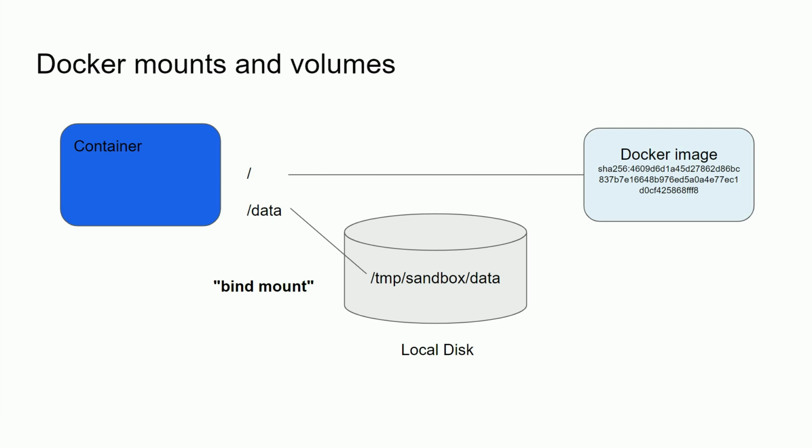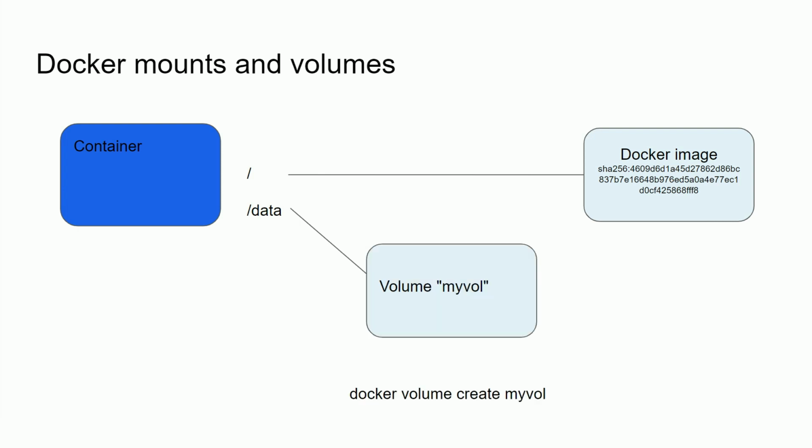Now, one issue with mounting external directories is that it can be quite slow compared to the rest of the container's file system. This is particularly true on macOS, but Windows also suffers from this. To address this, and some other shortcomings of bind mounts, Docker provides another kind of data storage mechanism called named volumes. A named volume is basically a persistent file system that you can create very easily.